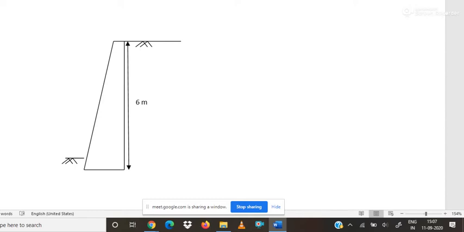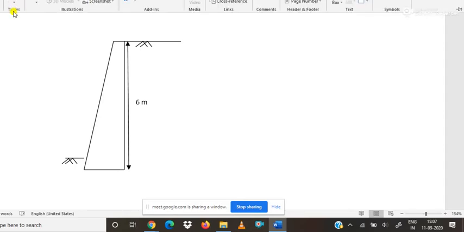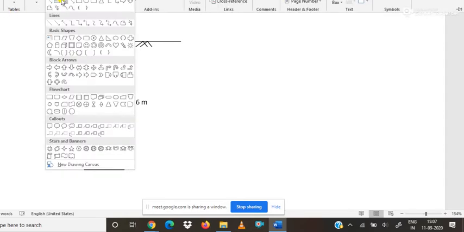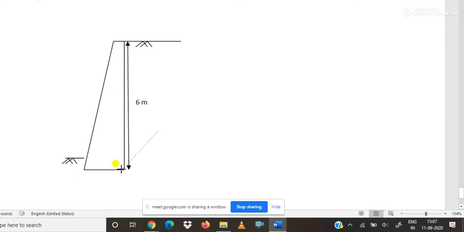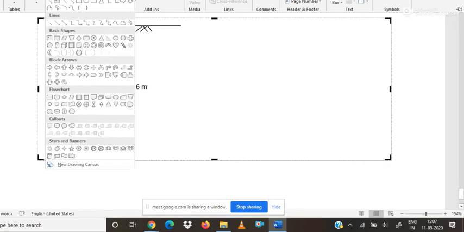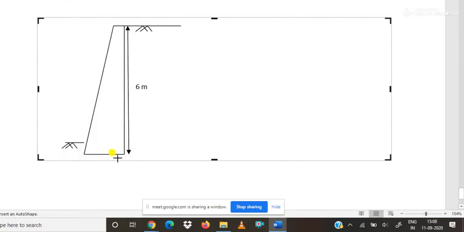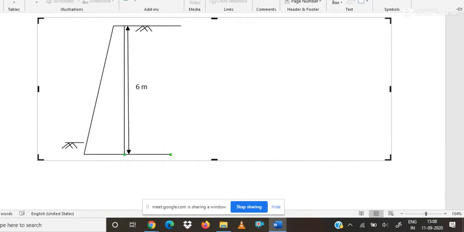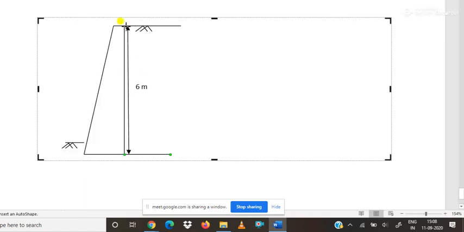If I want to draw the earth pressure diagram, it will be like this.